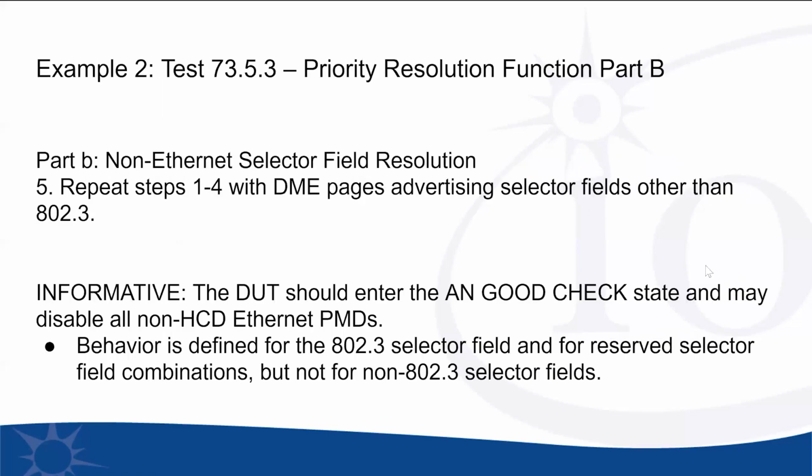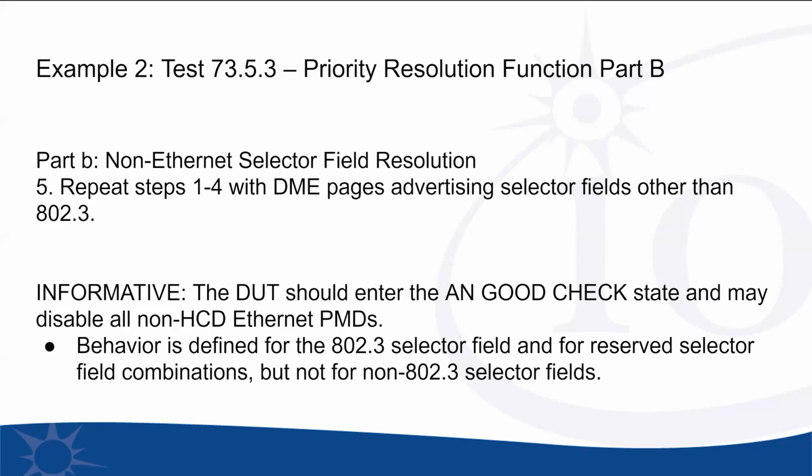And then my second example is looking at one of those instances where there's a gap in the standard. So we're looking at our priority resolution function, and we're looking at part B, which looks at the non-Ethernet selector field resolution. So steps 1 through 4 would be sending DME advertisements with certain selector field advertisements and trying to see what the behavior is.